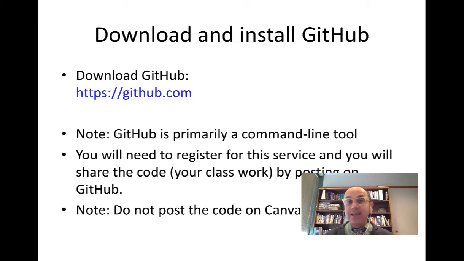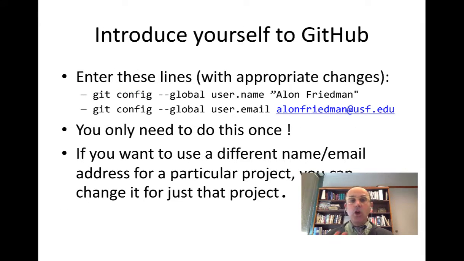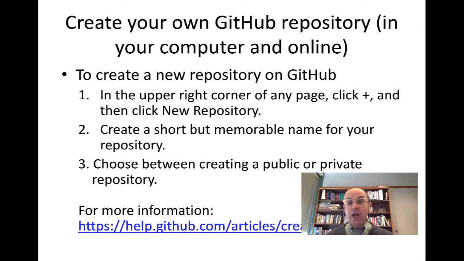So how do you do that? You download GitHub to your computer, and you enter the configuration lines with your name and your email. Once you've done that, you are ready to upload your code. If you need more help about the GitHub repository, I recommend you read the link below.